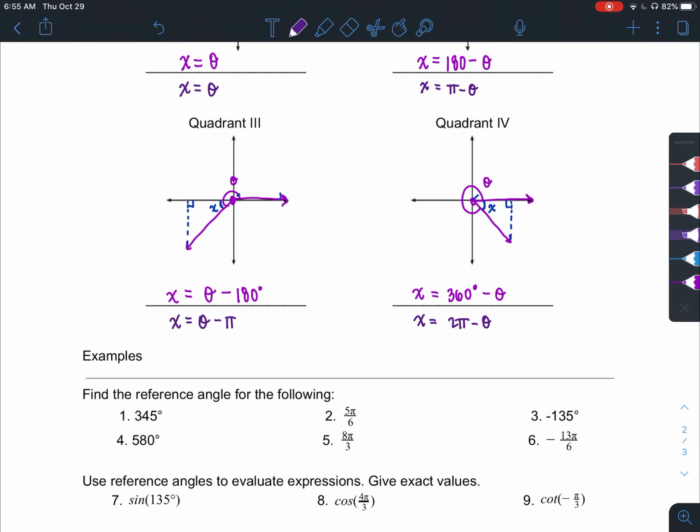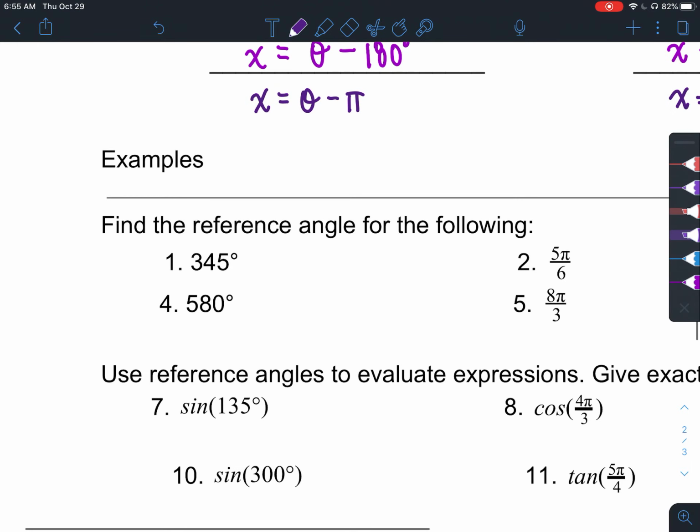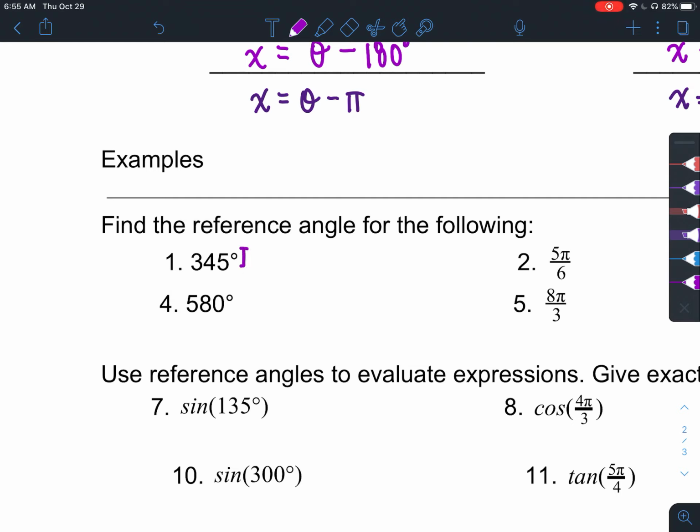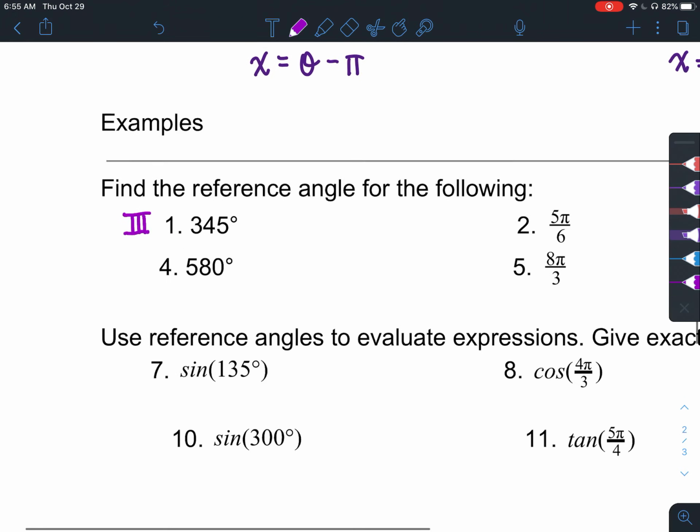Okay, so we want to find our reference angles for each of these. I first have to decide what quadrant we are in. All right, so for this one, we're in quadrant, not 2, we're in quadrant 3. Okay, so if I'm in quadrant 3, I'm going to try and not use these formulas up here.